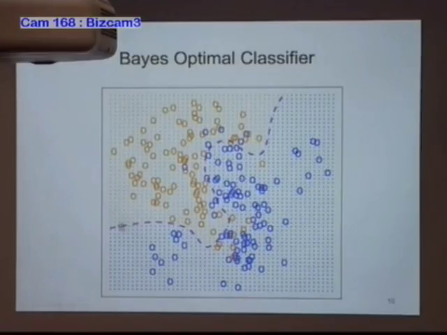We know there's a clear cut on this space that on the one side, the points are more likely to be orange. On the other side, the points are more likely to be blue. Because we are simulating, at any point, we know the probability it should be blue or should be orange. And this is a boundary for 50-50.